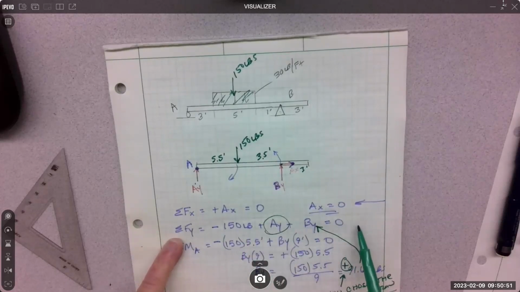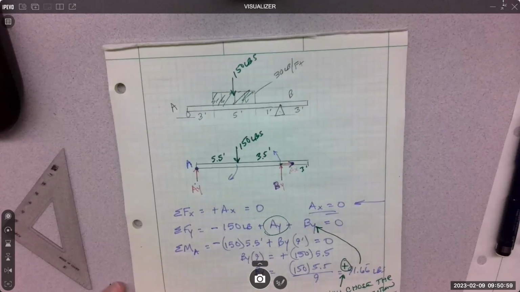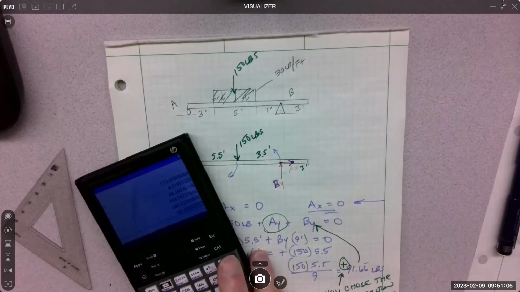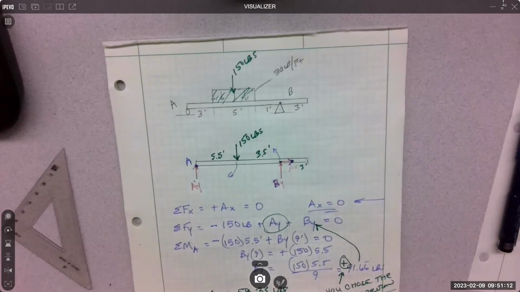If it comes out positive, then you chose the correct direction. So then you plug it back in and you come up with what? AY equals, and I'll just do the math, 150 subtracted, looks like 58.33. Right? Because that plus that is going to equal that. Sum of the forces in the Y equals 0.